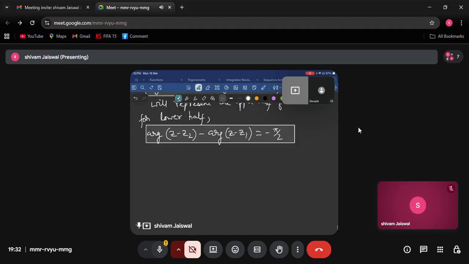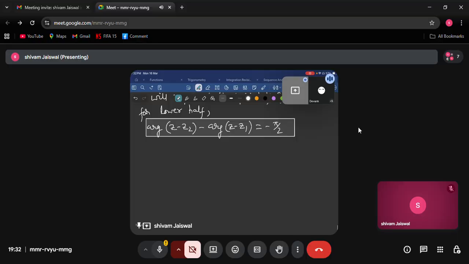Yes, sir. Okay. Let's draw the diagram. Question number 3. Draw argument of z plus iota minus argument of z minus iota is equal to pi by 2. Draw everyone.